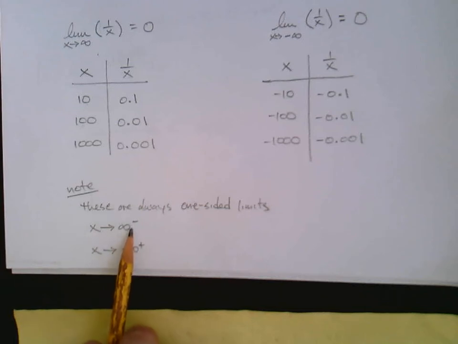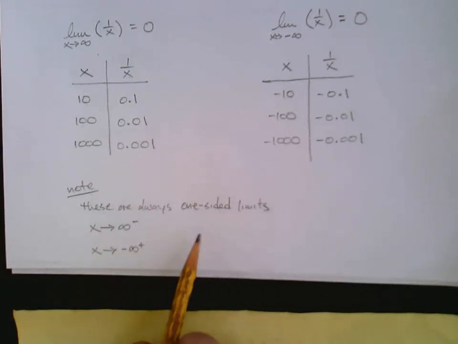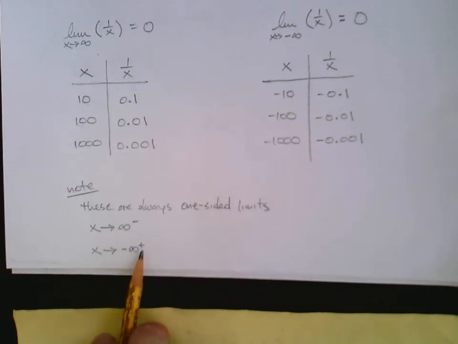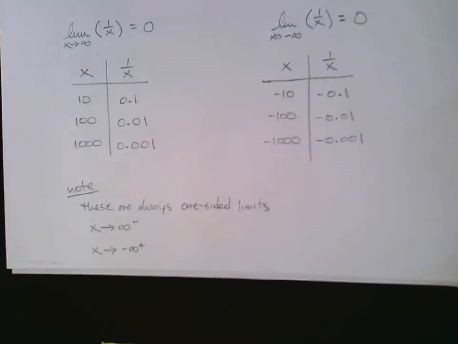You can't approach infinity from the right side. You can't go past infinity and come back, right? So that's always from the left, even though we don't write it. And as we approach negative infinity, you can only approach negative infinity from the right side, headed back that direction. Okay, so for what that's worth.